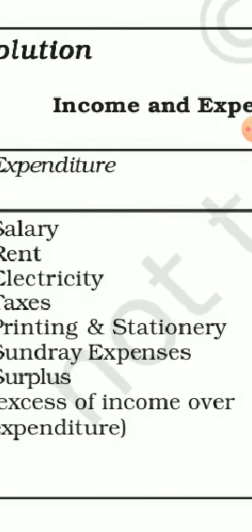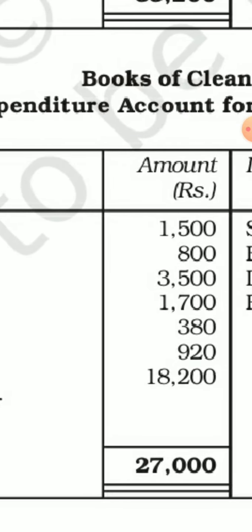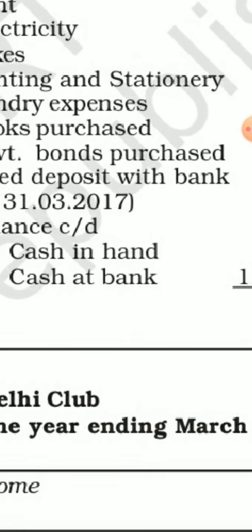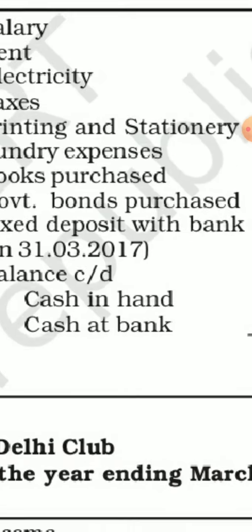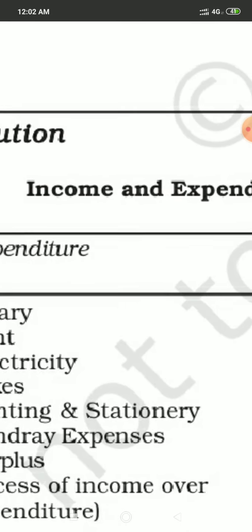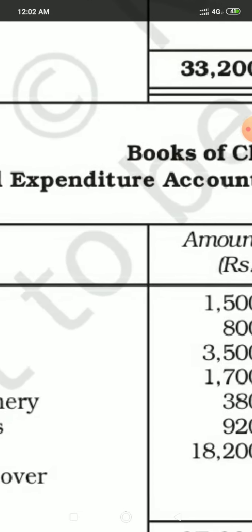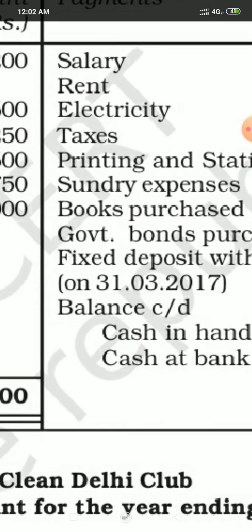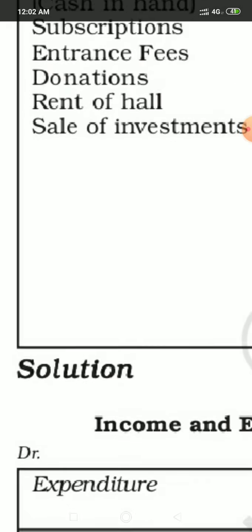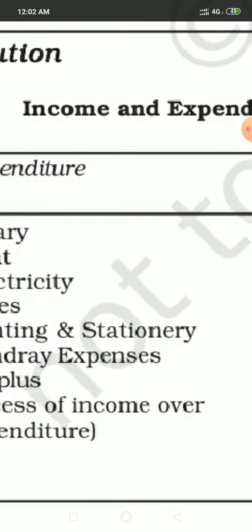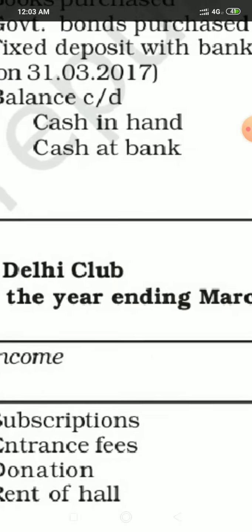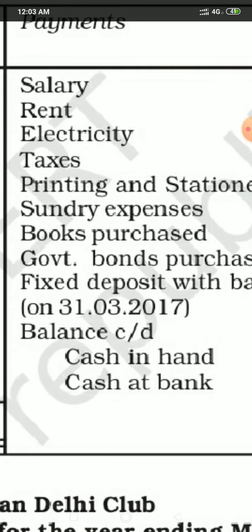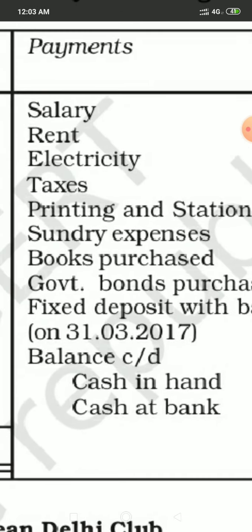Then tax, to tax 1700. Then printing and stationery, to printing and stationery 380. Then sundry expense, to sundry expense 920. Then book purchase is a capital expenditure; government bond, asset; fixed deposit, asset; and balance. We will not take all of these.